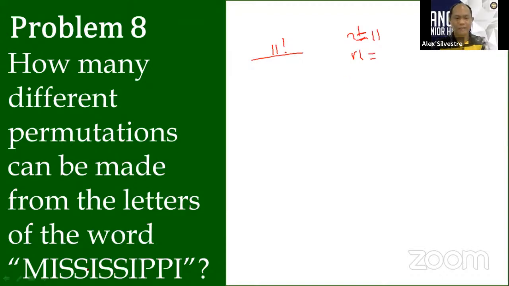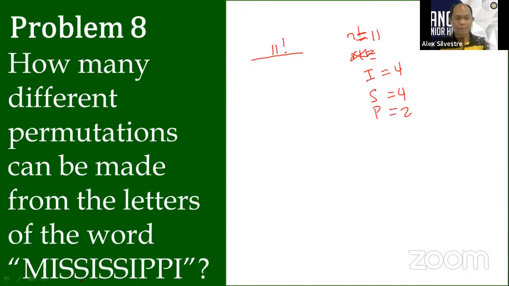Represent for letter, for example, letter I. Merong nag-indicate dito sa chat box natin, 4 factorial at saka 2 factorial. So, yung sa I natin, meron tayong 4, letter S, we have also 4, and letter P, we have 2.